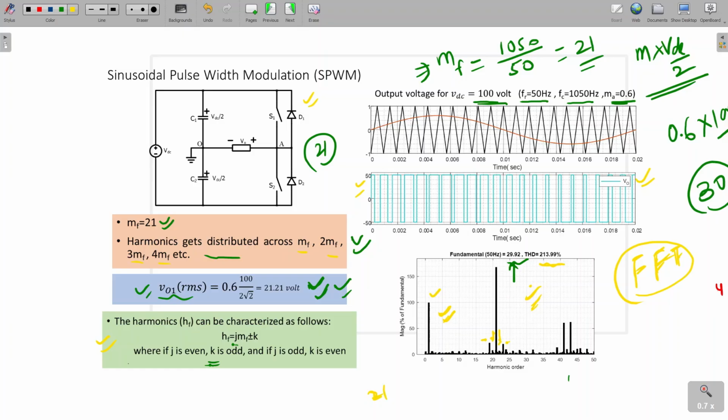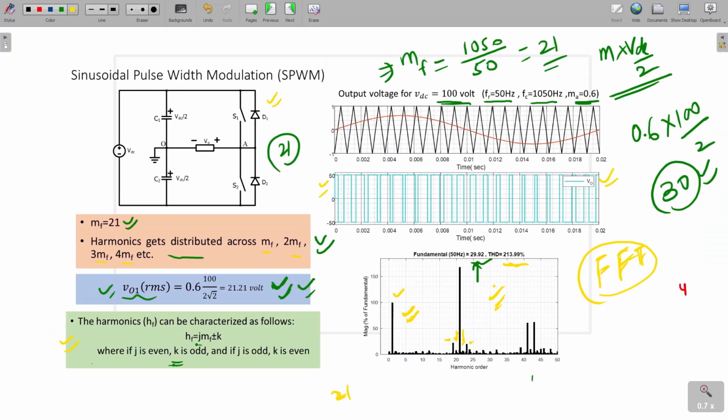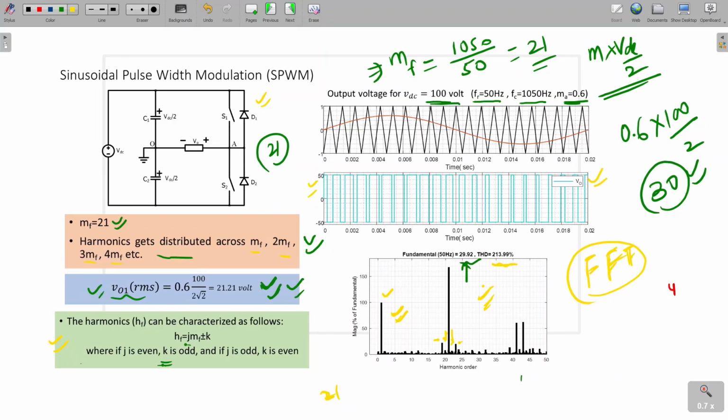Actually, if you see the actual MATLAB plot, then it will be more clear. Here it is not visible. I think this is 20, 21, 22. Okay, we'll discuss it later. I think it is not clear. If I share the actual MATLAB plot, then this is not that important. The main thing is it is getting spread across MF, 2MF, 3MF, and 4MF.